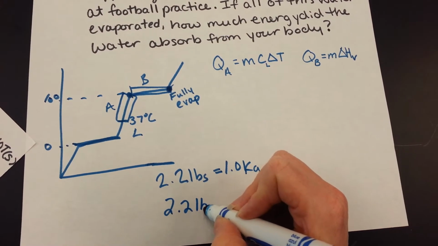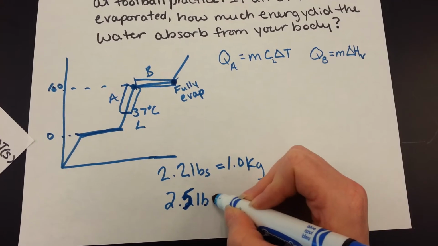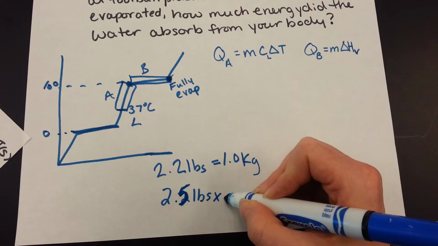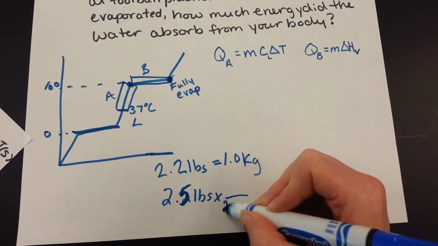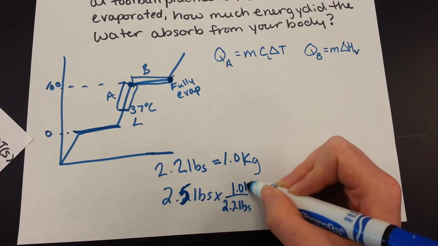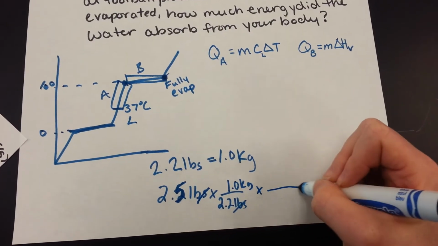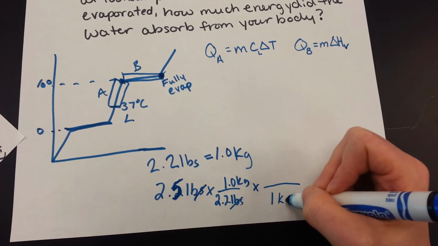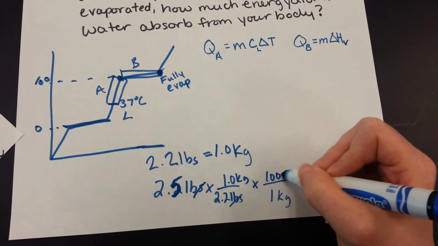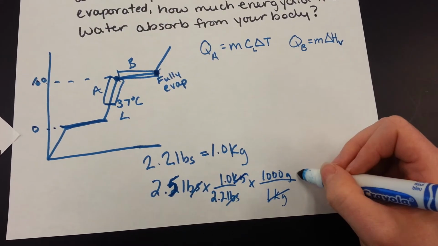So if we're starting with 2.5 pounds, to change that, there's going to be 2.2 pounds for every 1 kilogram. My pounds are gone. I don't want kilograms, I want grams. But I know that for every 1 kilogram, there's 1,000 grams. My kilograms are gone, and then I'll be in grams.